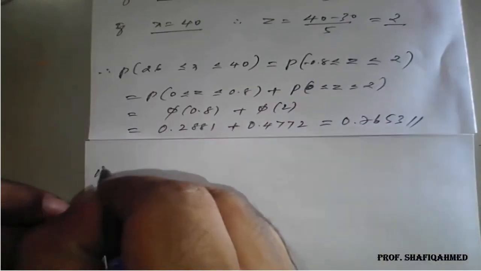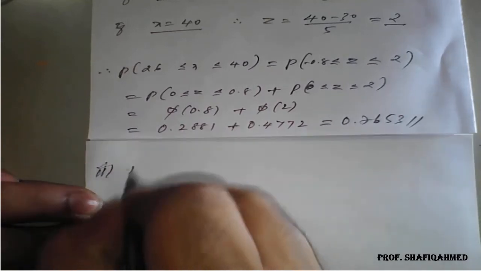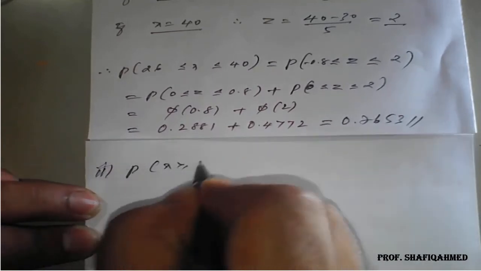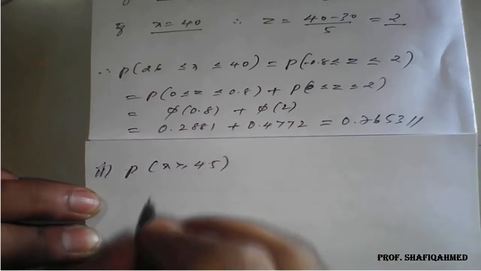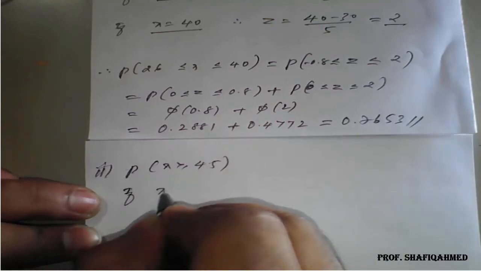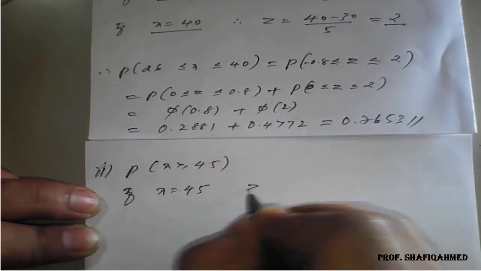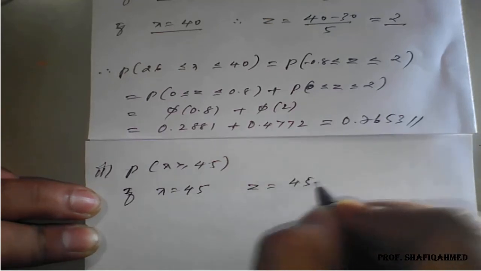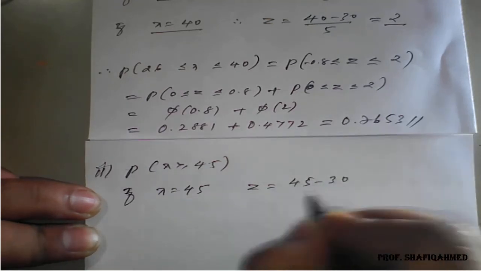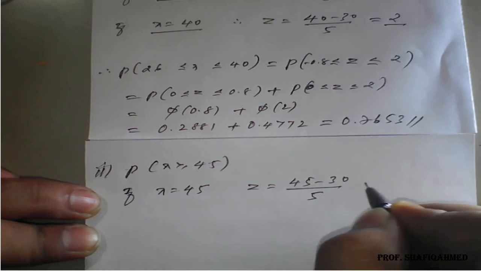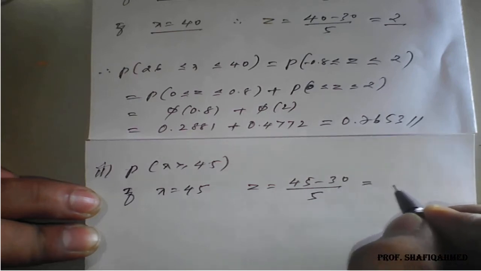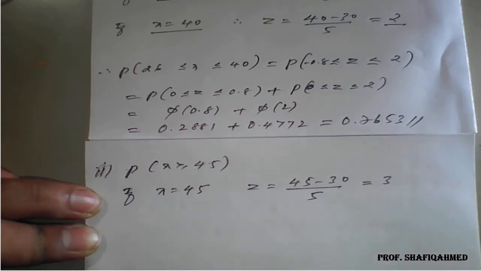Now the second one is P of x greater than or equal to 45. Here if x is equal to 45, z is nothing but 45 minus 30 divided by 5, which is nothing but 3.